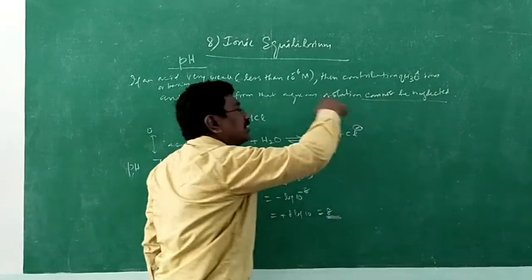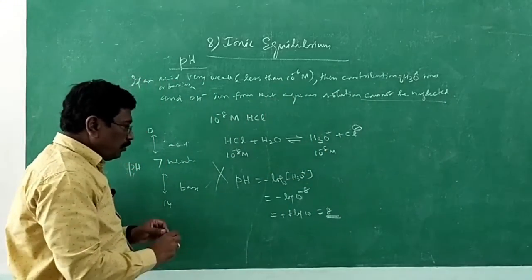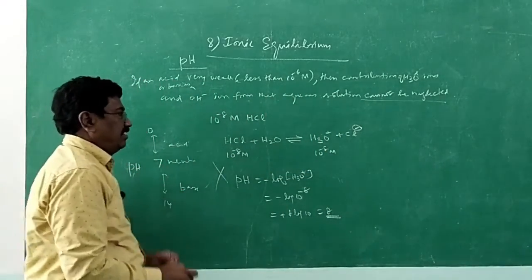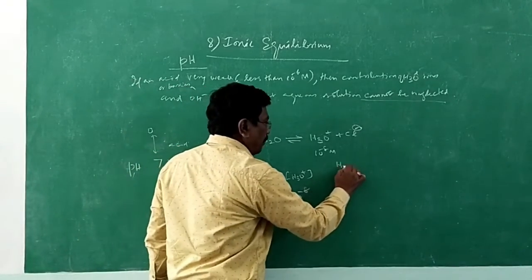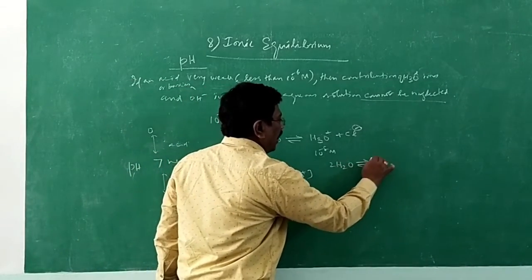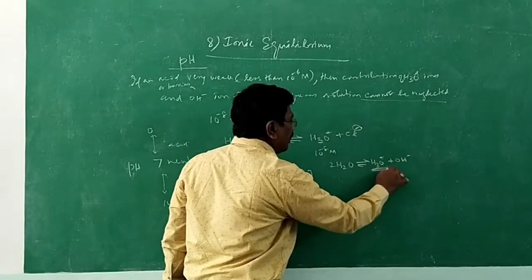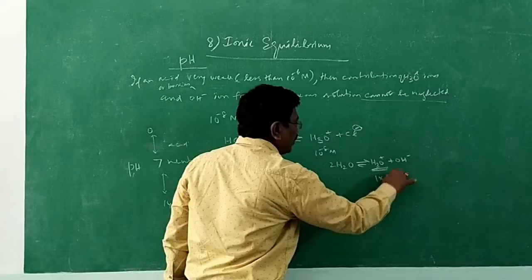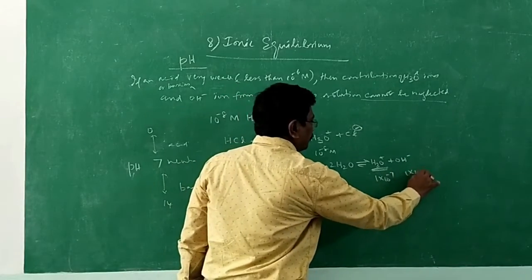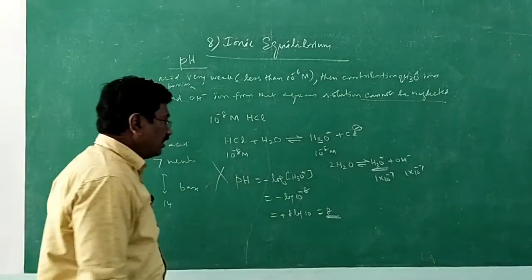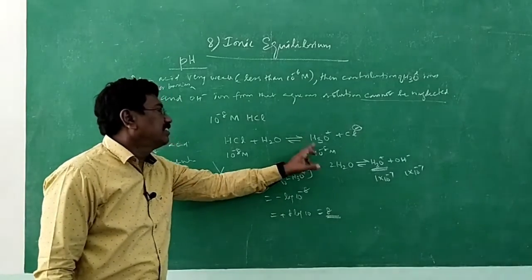We have to take it into consideration. That is the meaning. So, if water ionizes, you will be getting hydronium ions and hydroxide ions. How much hydronium ion will you get? 1 in 10 power minus 7, because it is a neutral solution. That you have to add with it.